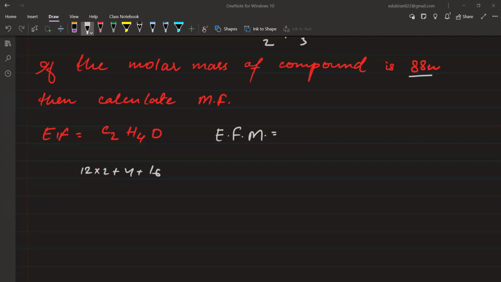Is that so? What is the value of n, Siddhika? Sorry, sir. n की value, what is the value of n that you got?